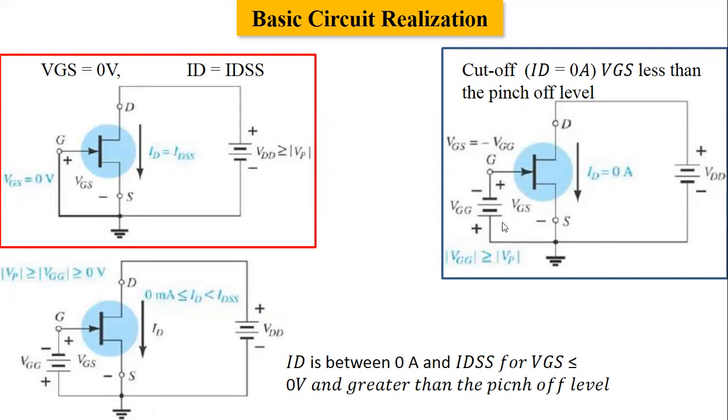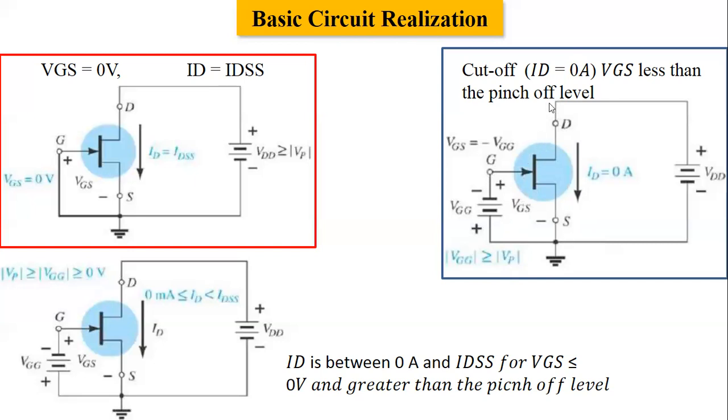Next, when the gate-to-source voltage is greater than the pinch-off voltage, the drain current becomes 0, meaning the channel has been pinched off.